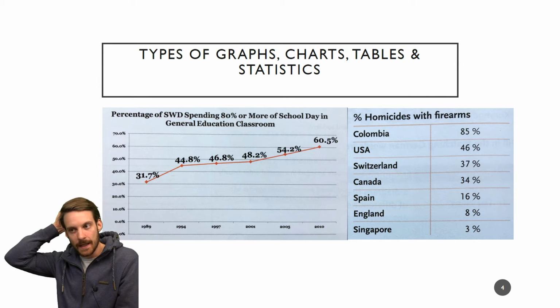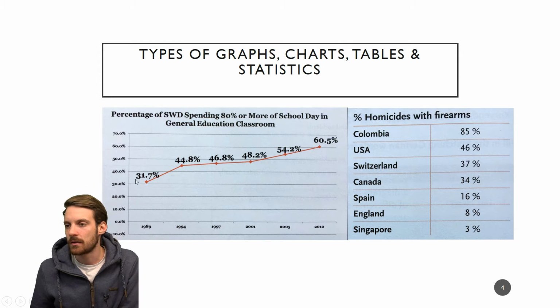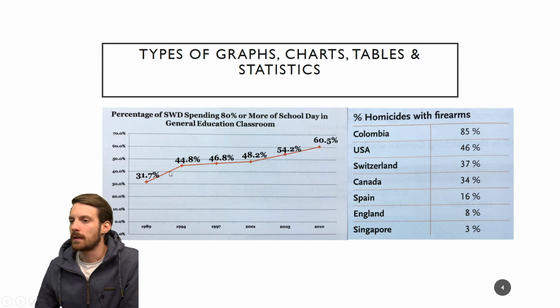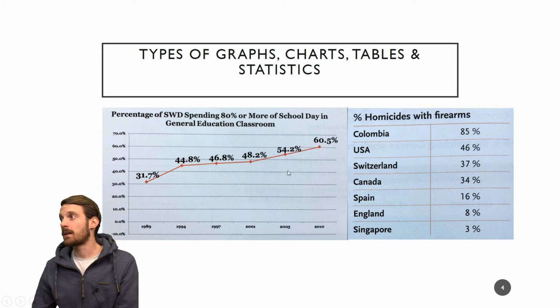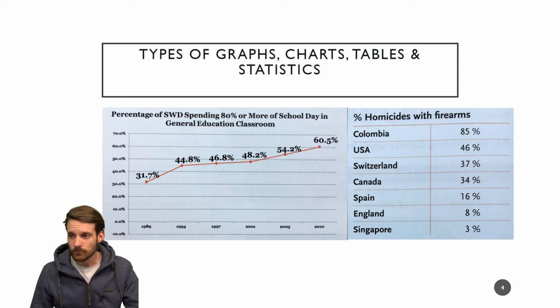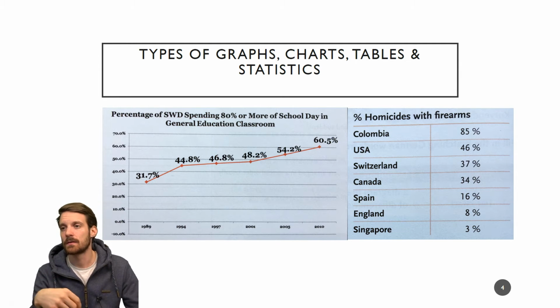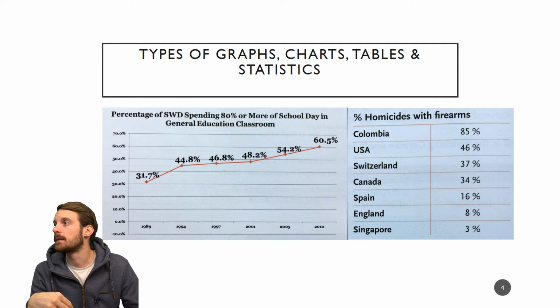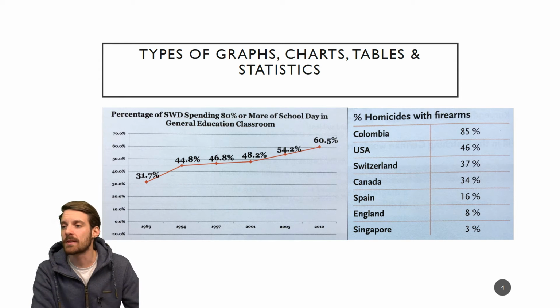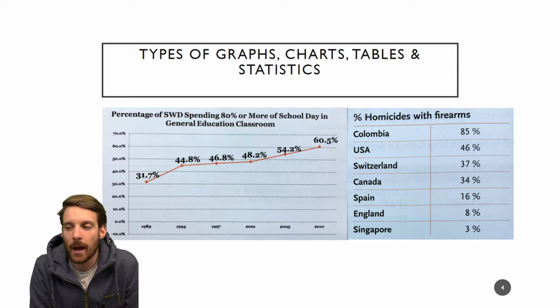Then we have our graph here, a beautiful graph. Of course there can be more lines in a graph, but it's always written on the graph or chart or statistic or table what it is all about.